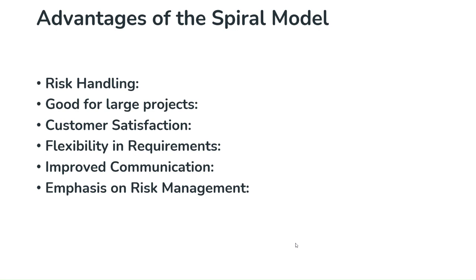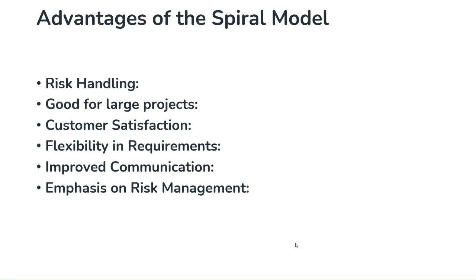Customer satisfaction means we are meeting the user requirements, client requirements, or customer requirements. According to the customer requirements only, we are developing a software project. That's why the customer will be satisfied with our result. Next, flexibility in requirements means changes in the requirements at a later phase can be incorporated accurately using this model.